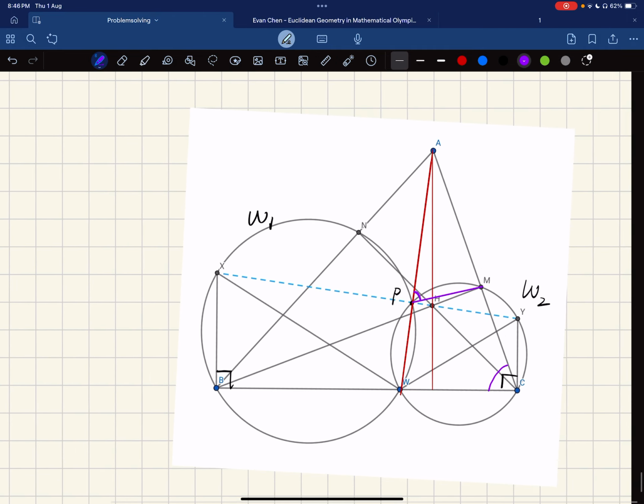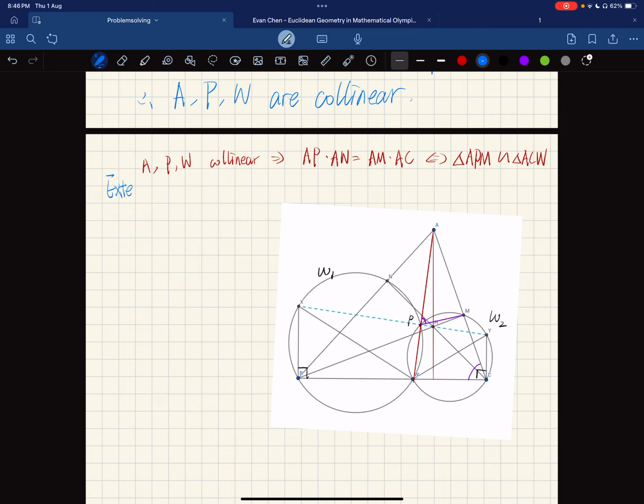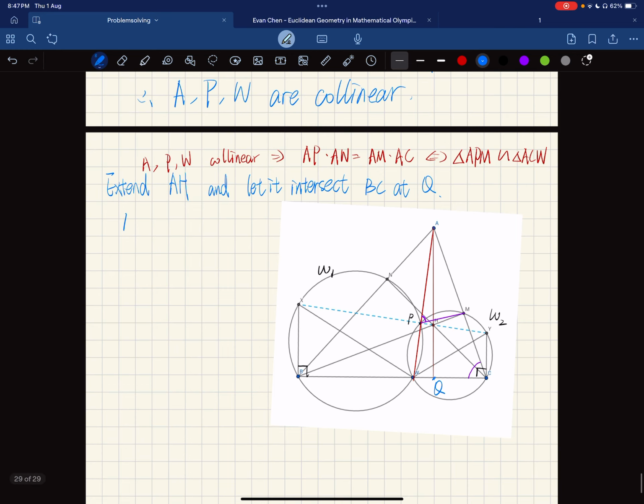The magical thing will come if we extend AH and intersect BC at maybe Q. And here is the point Q. We know that angle AQC equals 90 degrees equals angle AMB, and that leads to H, Q, C, and M being concyclic.